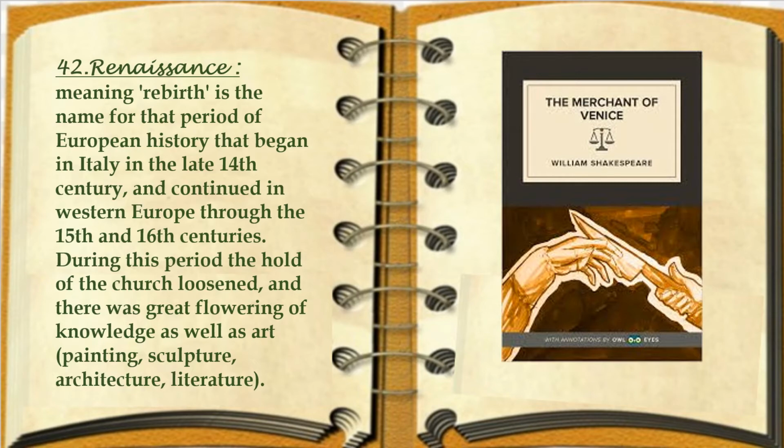So also it was in the field of literature. All this was during the late 14th century, growing in the 15th and 16th century in Italy and other Western European places. This is called the Renaissance period, a rebirth of knowledge and art.